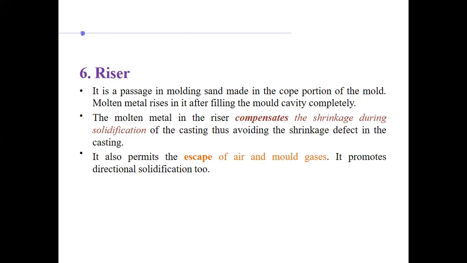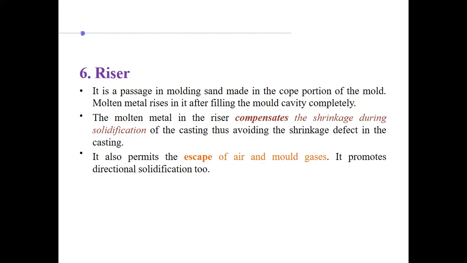So this riser is responsible for compensating shrinkage during the solidification of the casting, thus avoiding a shrinkage defect in the casting. So this compensation of the shrinkage, right, is when it is solidifying from liquid to solid. That's what this does. It is not responsible for solid contraction, right? It will not compensate because it is solidified already.